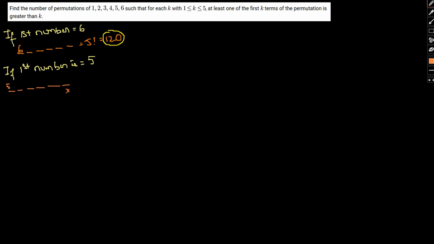So 6 can be in 4 different places, and for the rest, the remaining numbers can be placed in 4 factorial ways. So the total number of ways is 4 times 4 factorial, giving 96 ways.